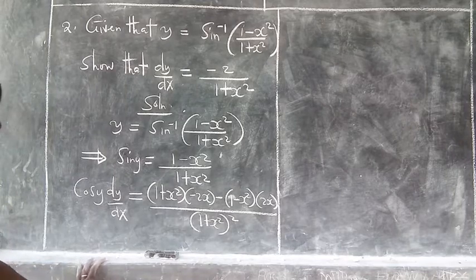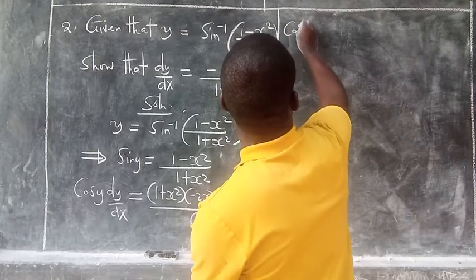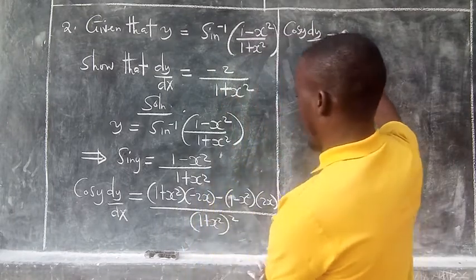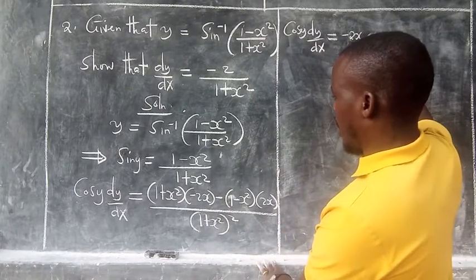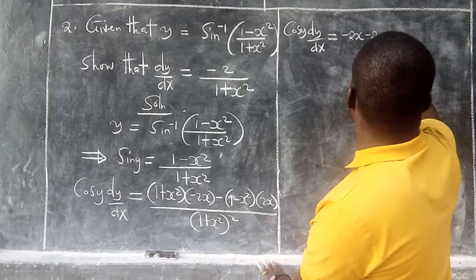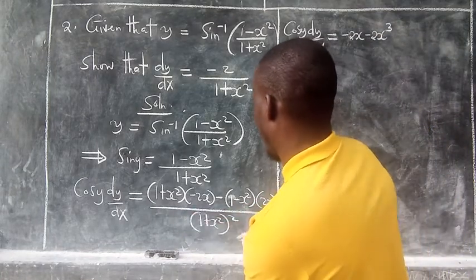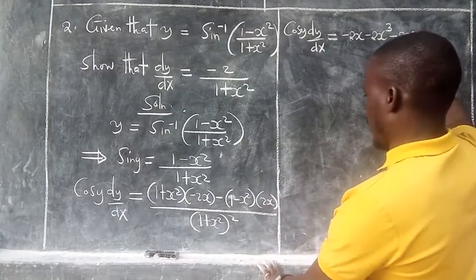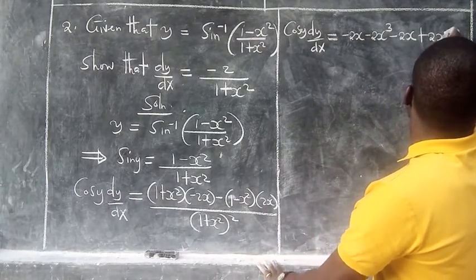Then we can now do the simplification on the right hand side, so that we have cos y dy dx is going to be the same as minus 2x, I'm opening the brackets, minus 2x cubed, then minus 2x again, then plus 2x cubed.